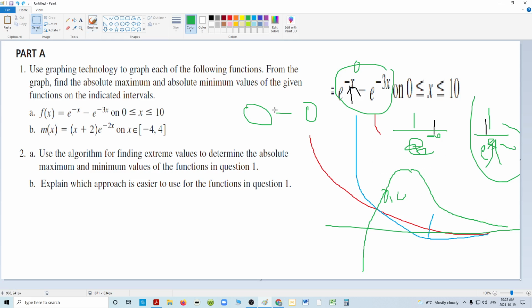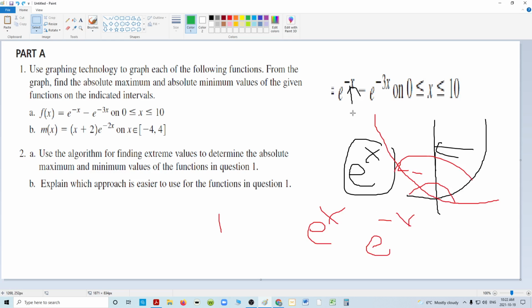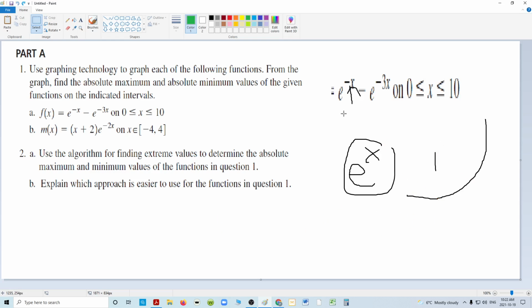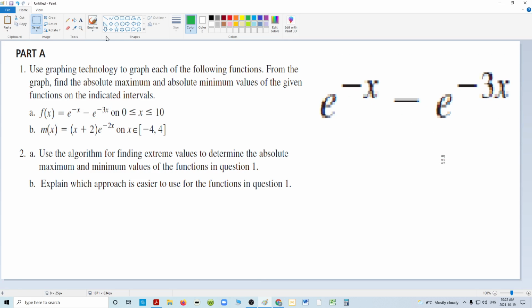Now, fortunately, this function here is a very easy one to derive, and that's mostly because it has a plus between them. When it's a product, it's a lot harder to take the derivative. However, the derivative of this is quite easy. The minus comes in front, and then it's just this.